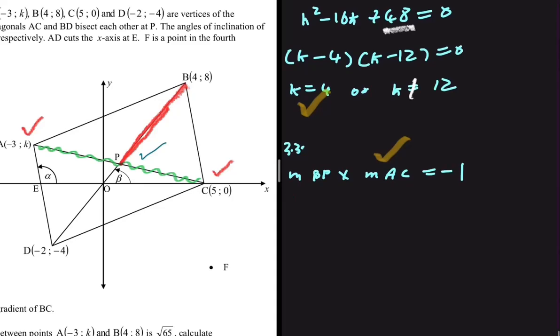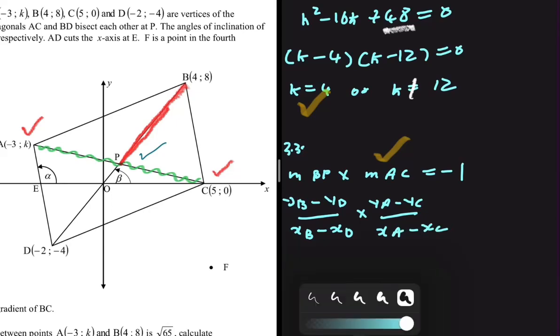For the gradient of BP, we're going to say y of B minus y of D divided by x of B minus x of D, multiplied by the gradient of AC. So let's say y of A minus y of C divided by x of A minus x of C, right?